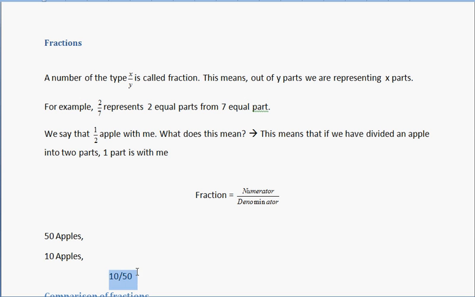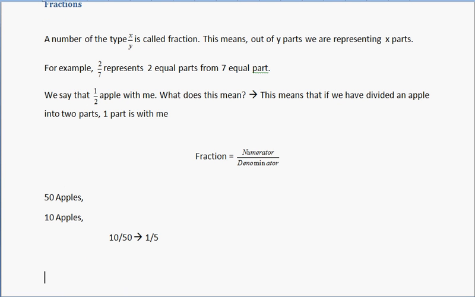So this is the fraction, the part of apples which you have. 10 apples out of 50 apples you have. So you have 1/5 of the apples. We can reduce fractions to the minimum basic fraction by cancelling the common factors, and we get 1 by 5. This means that out of the total apples you have 1/5 with you. So this is what the fraction means.